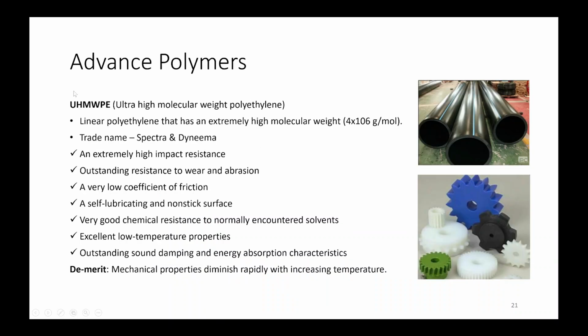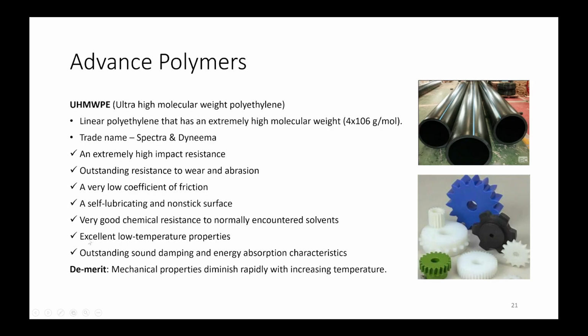Advanced polymers. Now, ultra high molecular weight polyethylene. This is linear polyethylene that has extremely high molecular weight, and its trade name is Spectra or Dyneema. It has extremely high impact resistance and outstanding resistance to wear and abrasion, has a low coefficient of friction, is self-lubricating with a non-stick surface, and has good chemical resistance to normally encountered solvents.